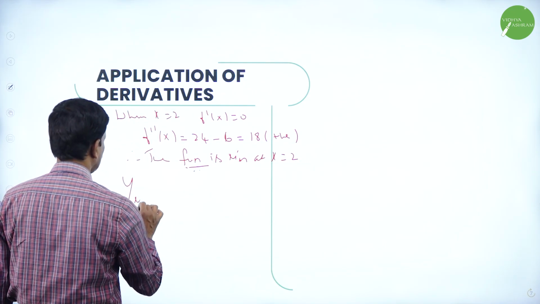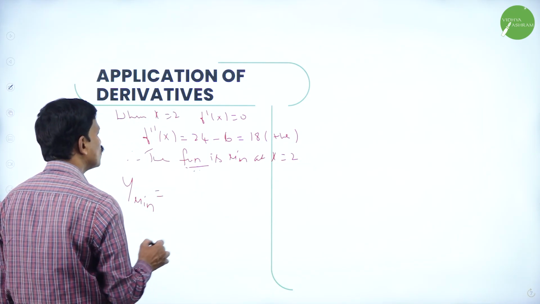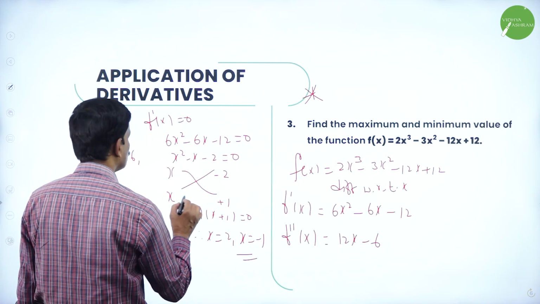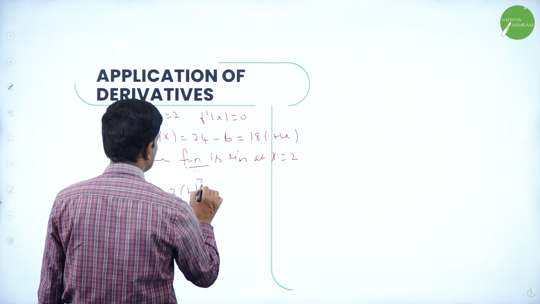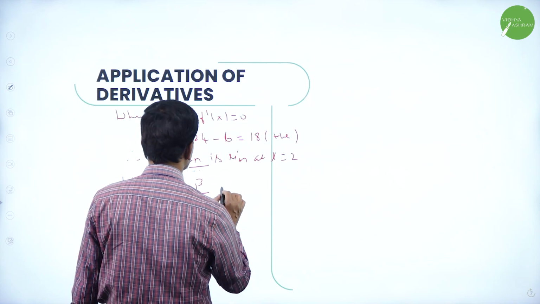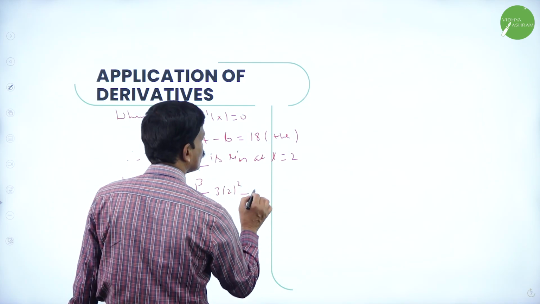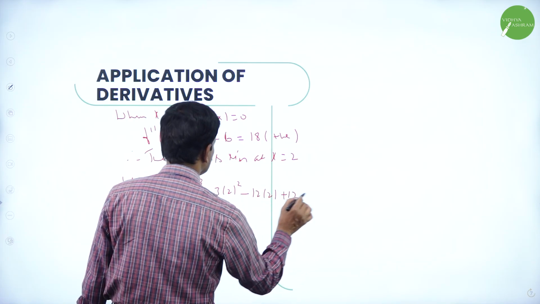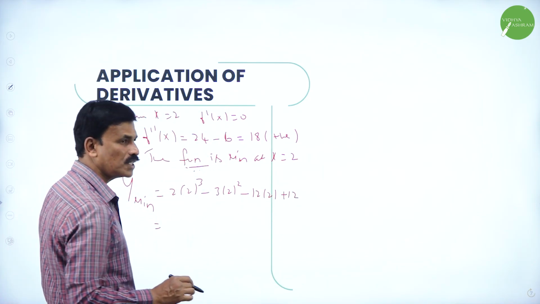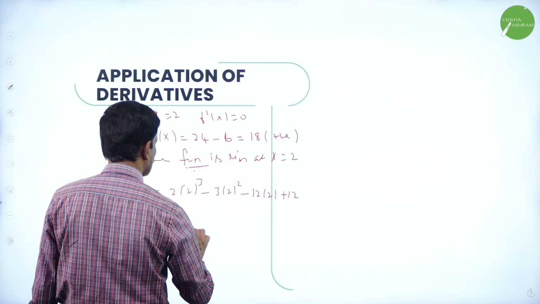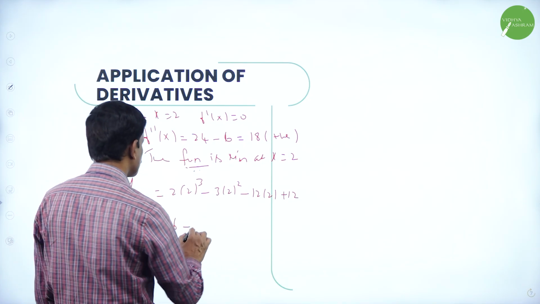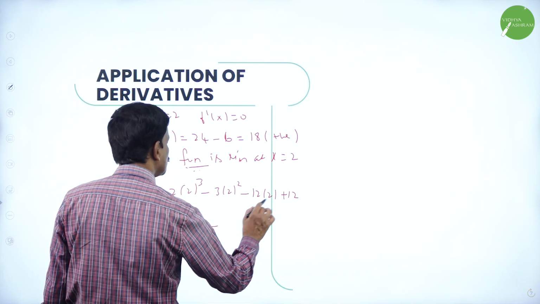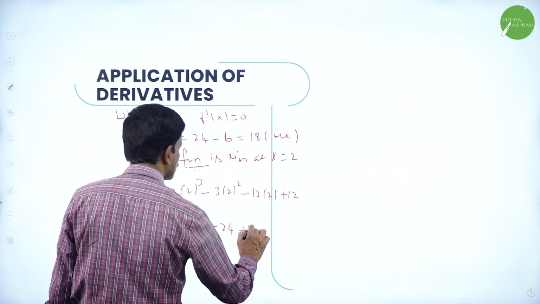Now, therefore, y minimum is equal to, put x is equal to 2 in equation number 1. 2 into 2 cube minus 3 into 2 square minus 12 into 2 plus 12. So 2 2s are 4, 8, 8 2s are 16, minus 2 square is 4, 4 3s are 12, minus 12 into 2 is 24, plus 12.